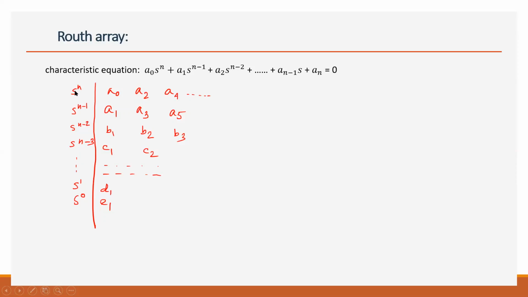So you have all the order components: n, n minus 1, down to 0. So you will actually have n plus 1 rows in your array.